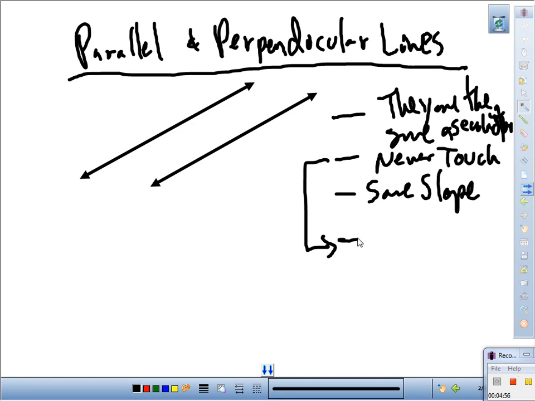Bam, they don't intersect. I didn't say that. I said if they never touch or don't intersect, what does that mean of their position on the coordinate plane? Yeah, that's why they're called parallel. They are parallel. Jason. That is correct. Different y-intercept.